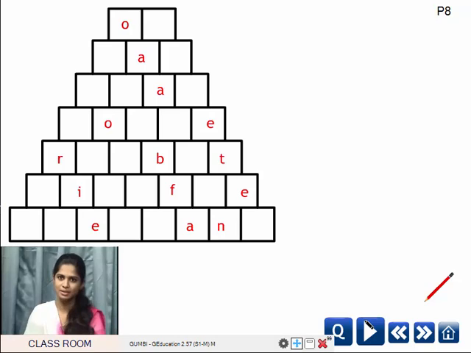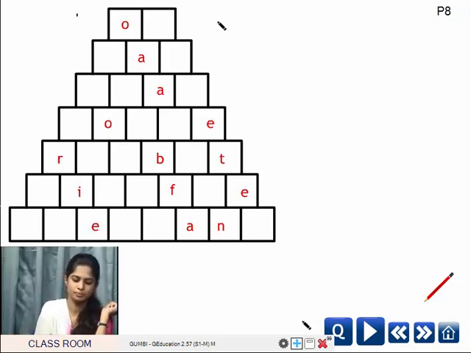Till now we have solved fruits and vegetables, right? Now this is about animals. I'll speak about one particular animal. You should identify which animal I'm talking about and write the spelling. So we'll start from top to bottom.